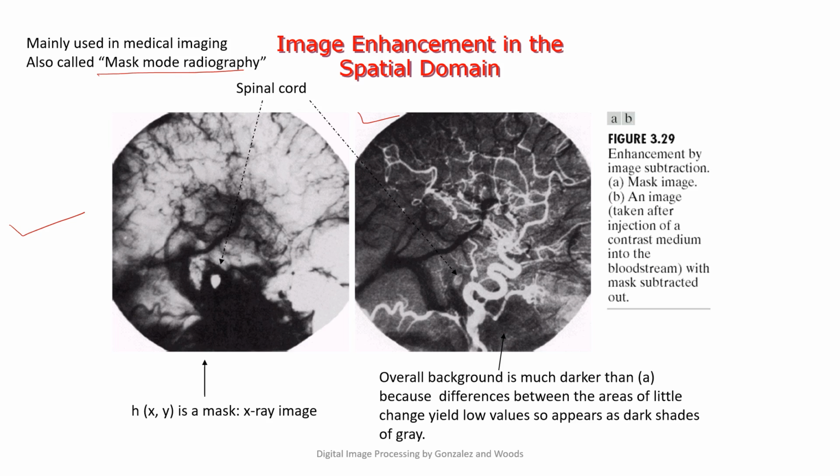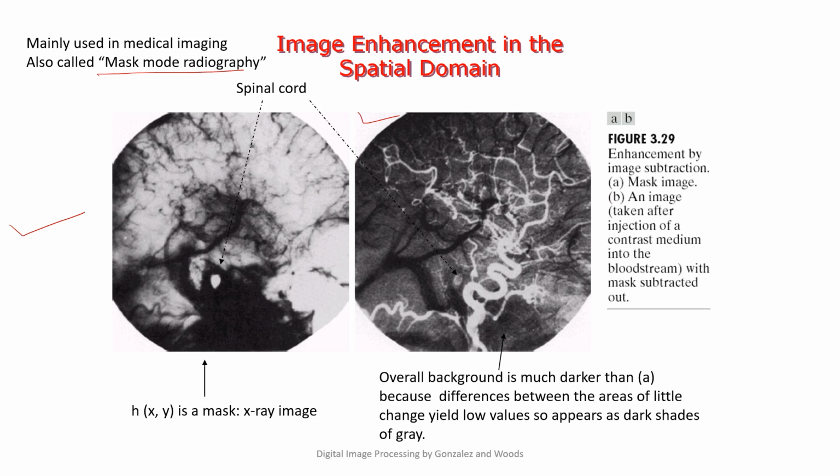So what have doctors done? They have injected a dye in this artery, or you can say vein, and then they have subtracted this from the original image. So what did they get? Only the highlighted artery they got.